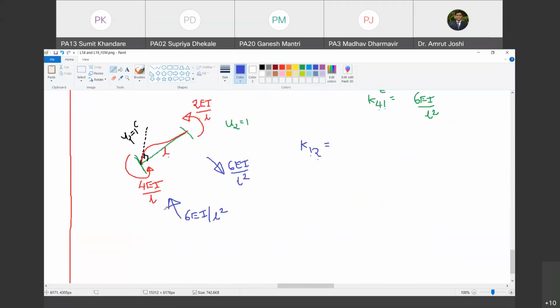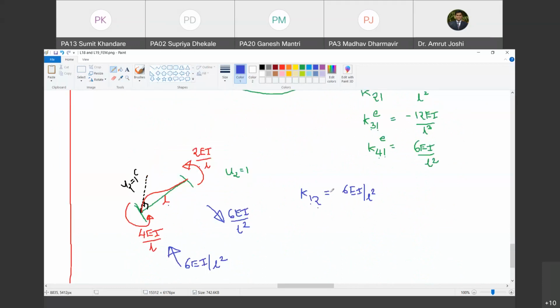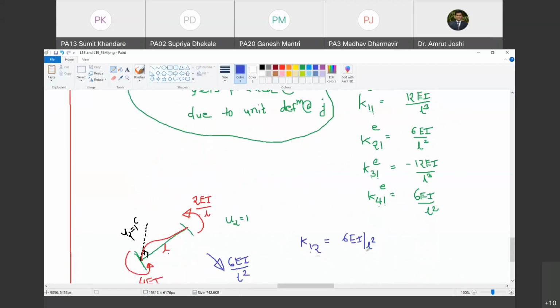So what should I be looking for? Force. Do you agree with me? Yes. So यहाँ unit rotation देने के वजह से force reaction कितना आया? So that is 6 EI upon L square. Do you agree with me? Yes, sir. अगर ये हमने कंप्यूट नहीं किया रहता तो भी चलता. Why? Because you will see that K21 has to be equal to K12. Are you with me? Stiffness matrix is symmetric.